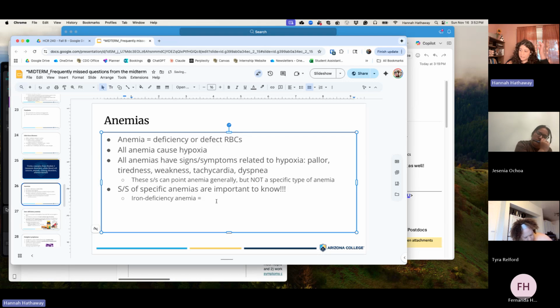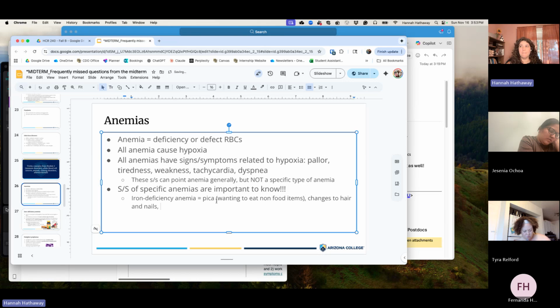For iron deficiency anemia, the lack of iron is going to cause problems not related to the hypoxia. Just the lack of iron is going to cause other problems because iron is used for other things in your body. So that includes things like pica, which is wanting to eat non-food items like ice, dirt, things like that. Changes to hair and nails, hair loss.